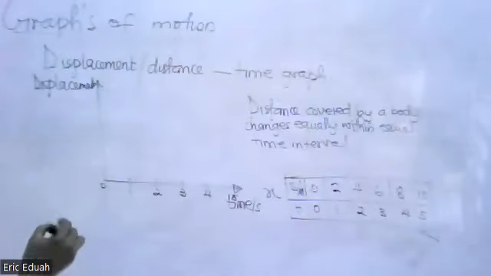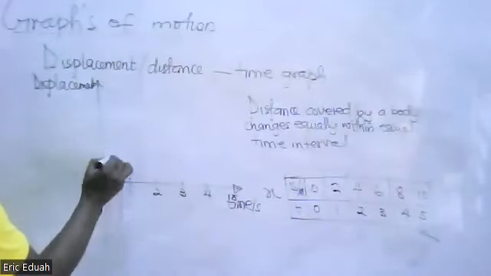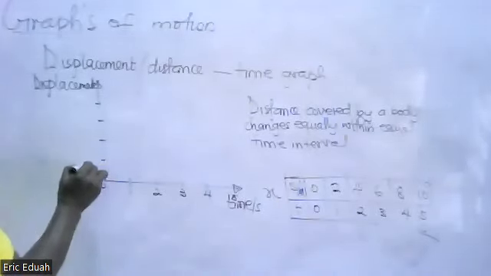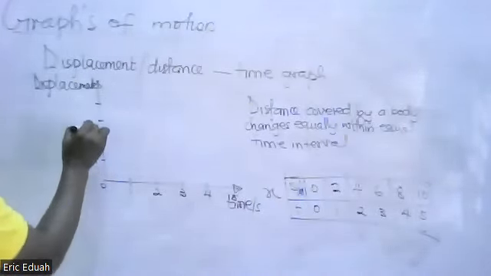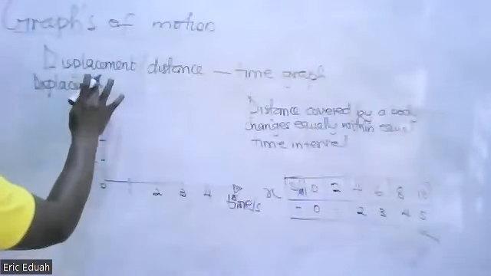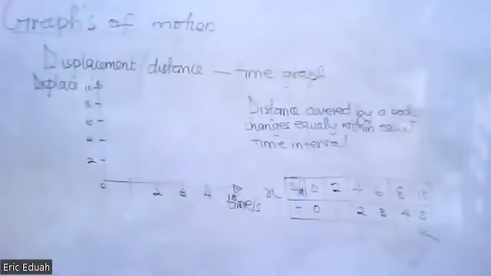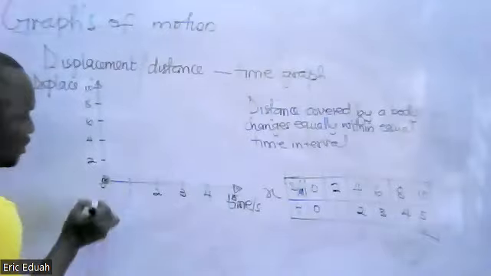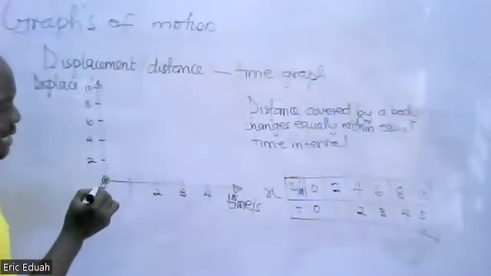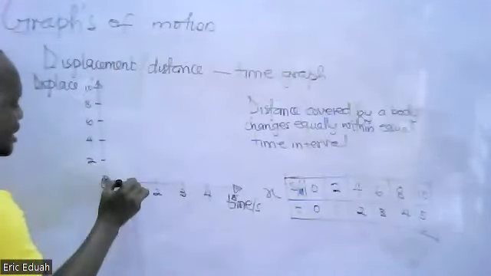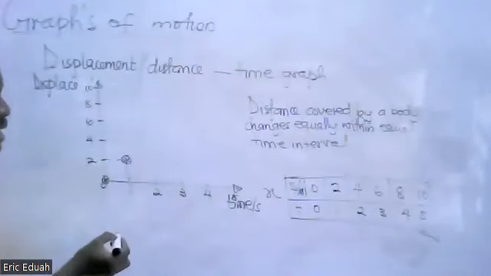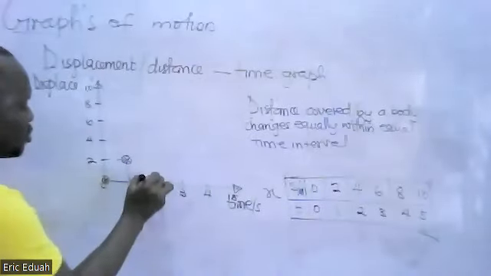Then on the displacement axis we have 2, 4, 6, 8, and 10. Let's plot such a graph. 0, 0. At a time of 1 second, the distance covered is 2. 2 seconds goes with 4.